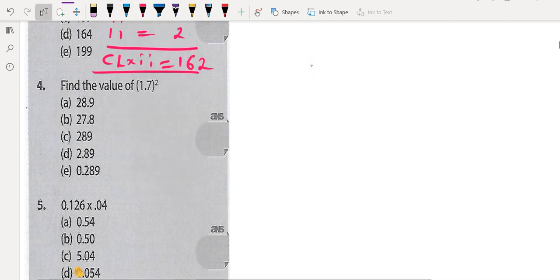What's the answer? 2.89. Okay, read the question for me. Find the value of 1.7 squared. 1.7 squared, what does it mean?